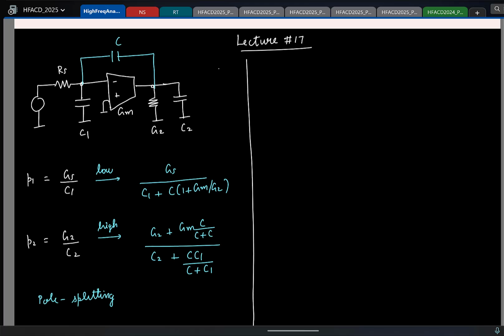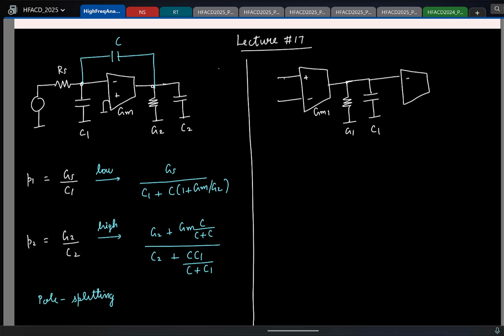So first let me sketch a two-stage OTA. So I have a first stage, one GM. Let's say that is GM1. At the output we have effective conductance G1, capacitance C1. And let's say I have a second stage. So let's say that is GM2.